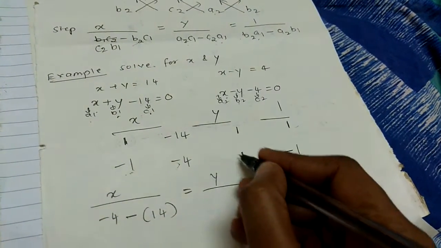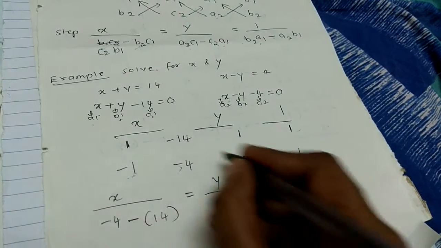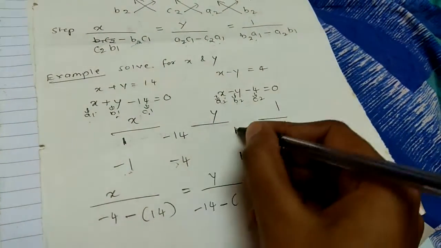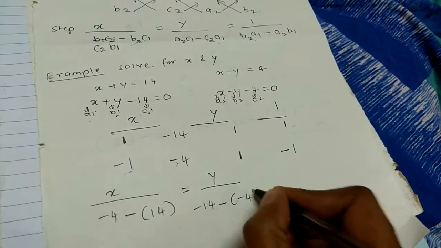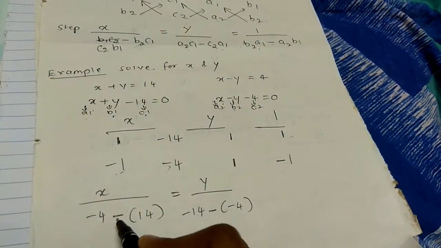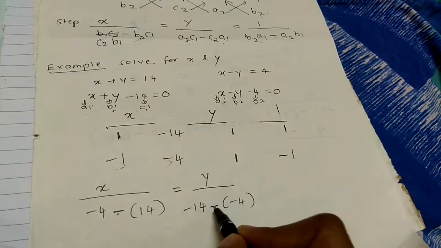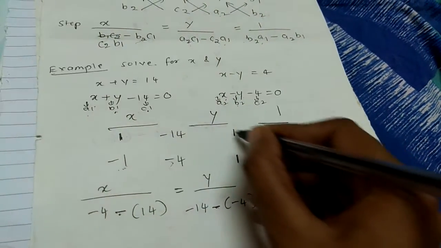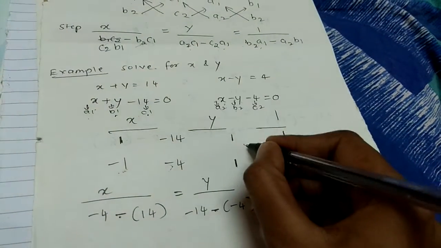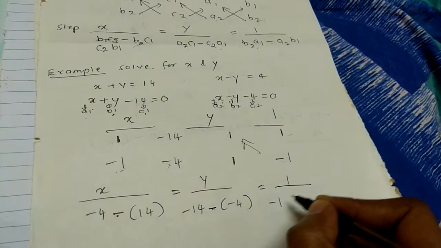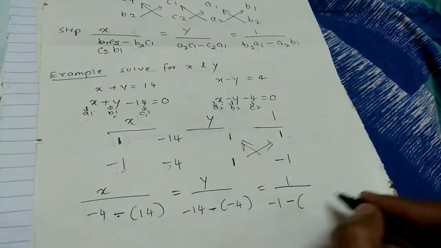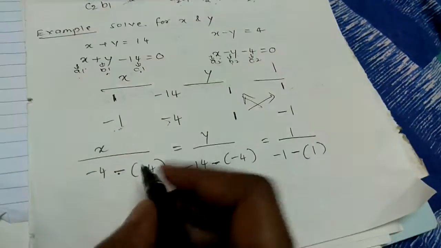Y upon: cross multiply. 1 into minus 14 is minus 14. Subtract the product of these two, that is minus 4. Remember, this is the sign of subtraction, and the number has its own sign. Divided by 1 upon these two products: 1 into minus 1 is minus 1. Subtract the product of these two: 1 ones are 1. So what will we get here?